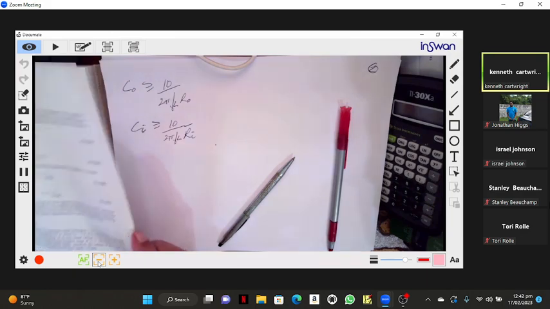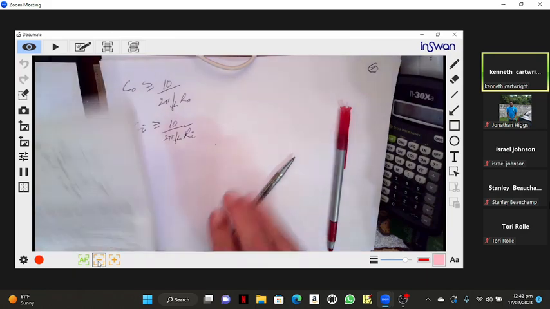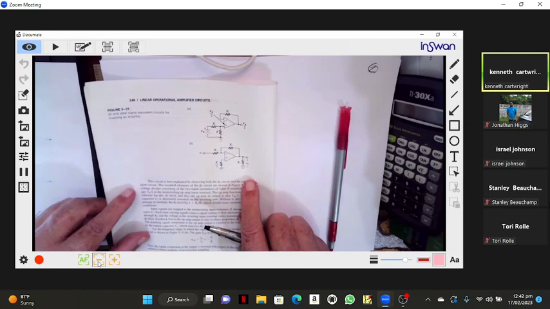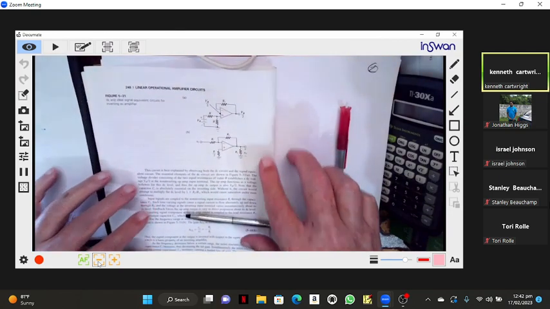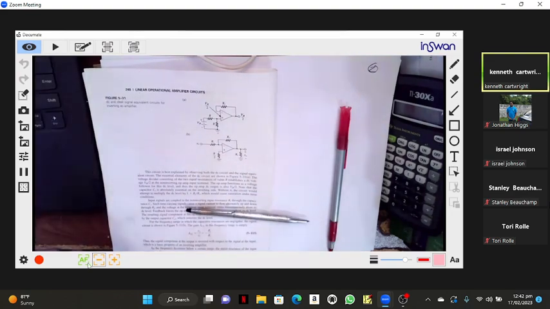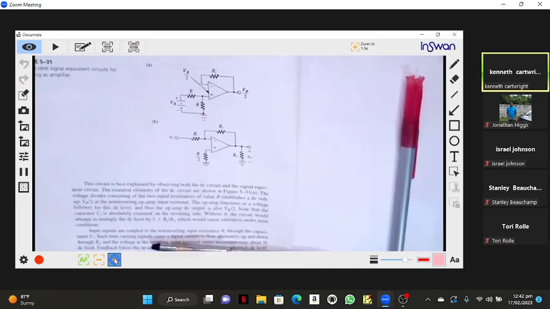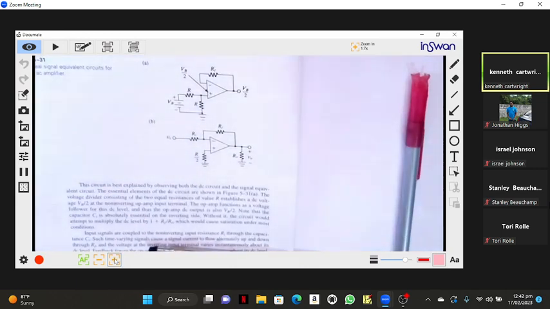And what should R be? Let's go back to this diagram here. What should R be?